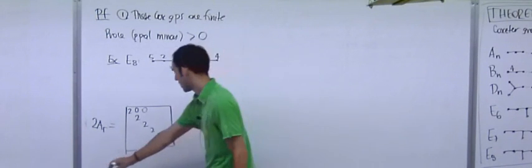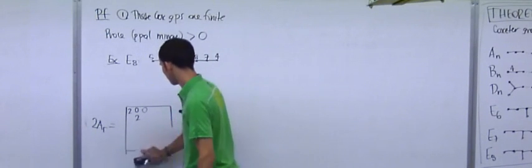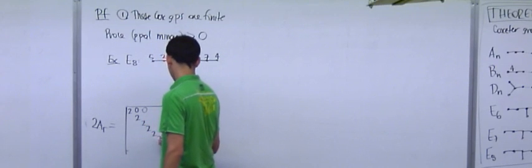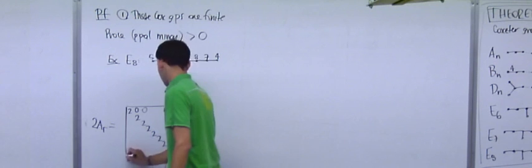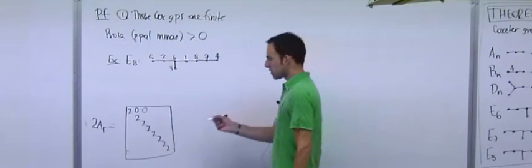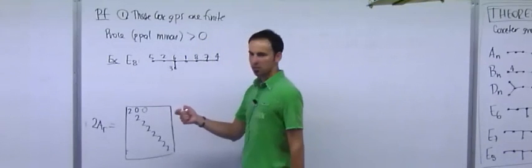Well, first of all, I should have 8 things, right? But what's the point that I want to illustrate here? First of all, you get a lot of zeros, but some things are not 0.